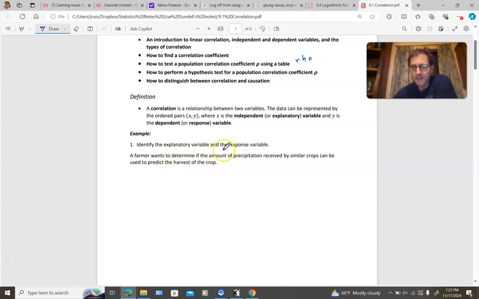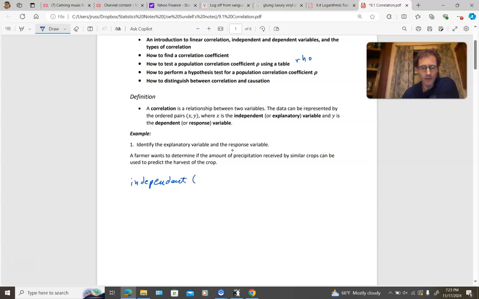So guys, just think about it this way. Crops tend to depend on precipitation, right? So the actual harvest, that would be our dependent variable, and the amount of precipitation received, that would be the independent variable. Okay, so let me write this.